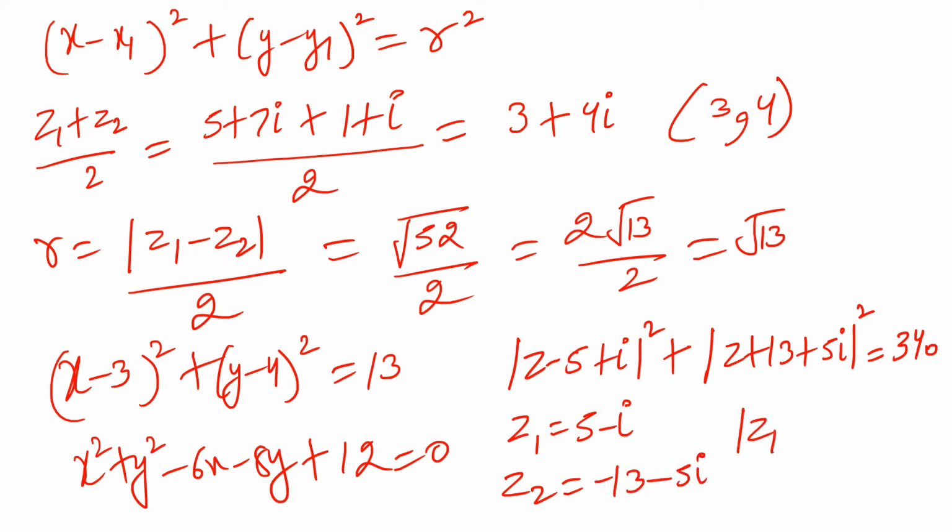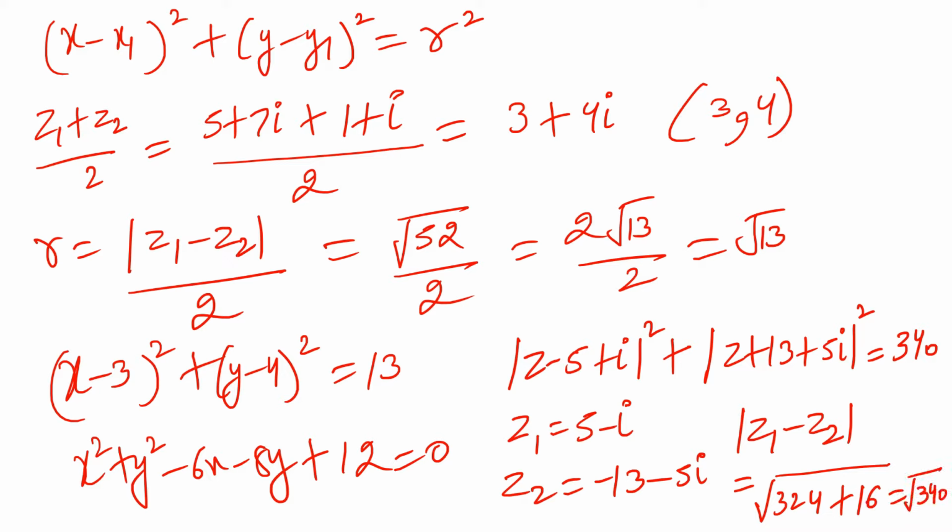And if we find the value of mod of (z1 minus z2), clearly it is going to be under root of (5 plus 13) whole square, that is 324, plus (minus 1 plus 5) whole square, that is 4 square, so it is 16, or this is just under root of 340.